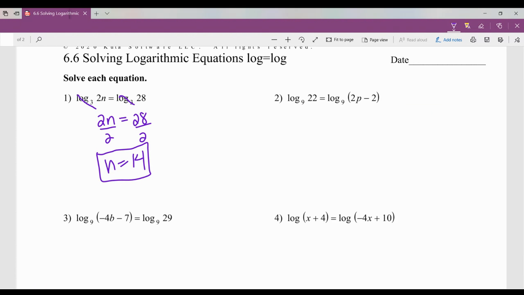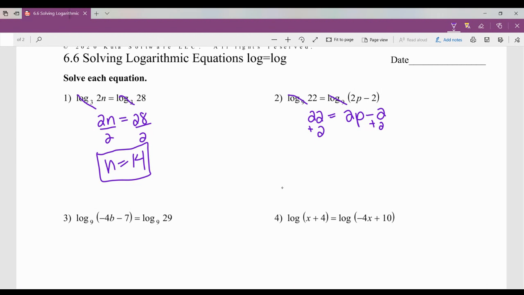So, all right, for number 2, we've got log base 9 of 22 equals log base 9 of 2p minus 2. So we can cancel out the 1 log and 1 log from each side, and we get 22 equals 2p minus 2. And now we're going to solve for p, so we're going to add 2.